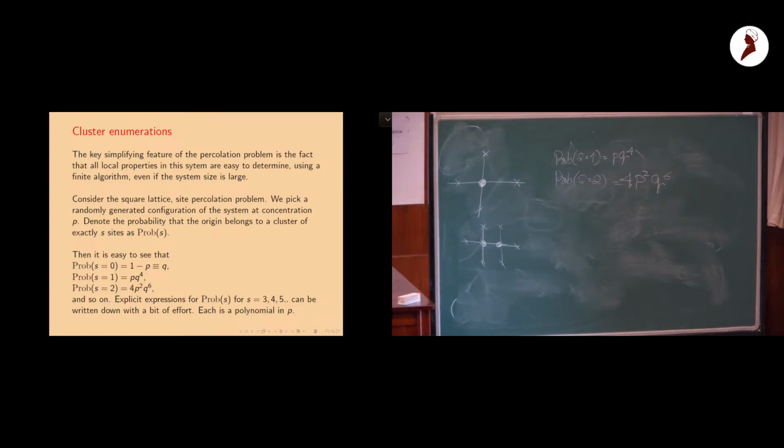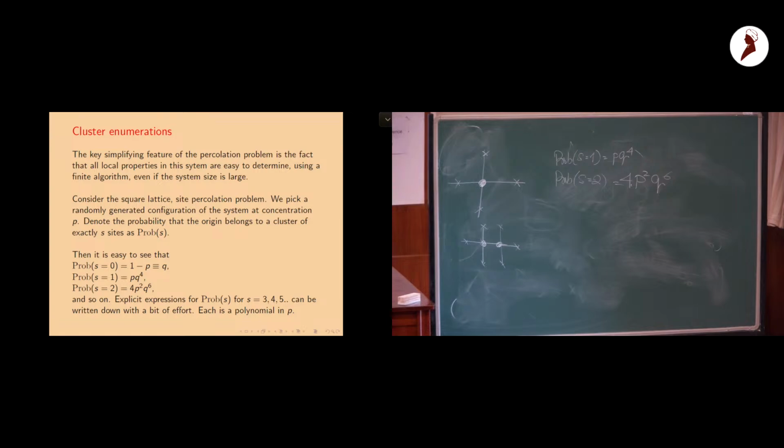And with a little bit of work, I can work out probability of S equal to 3, 4, 5. And I would encourage you to, just as a practice, do it up to 5 at least. It's a little bit of work, but it helps you think about the problem more concretely. Okay? But then, if I ask you for clusters of size 10, there are many clusters of size 10, and it becomes hard to do this. But anyway, an explicit expression for prob S can be written down.